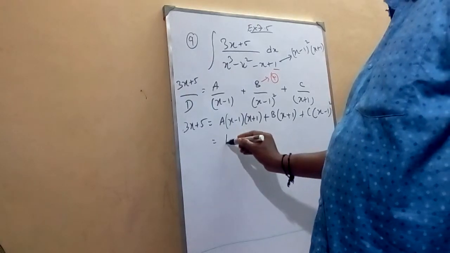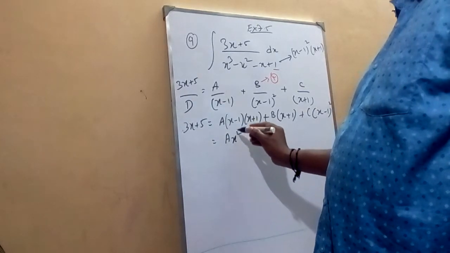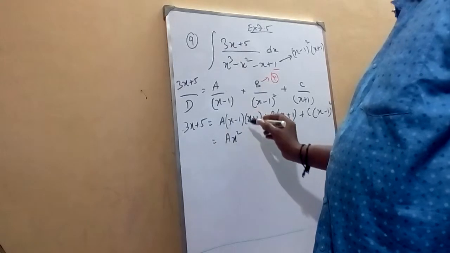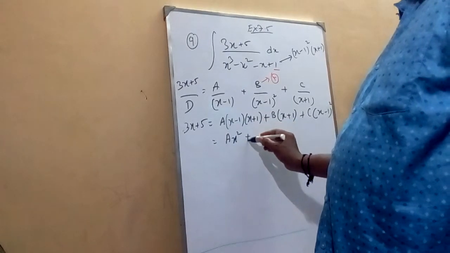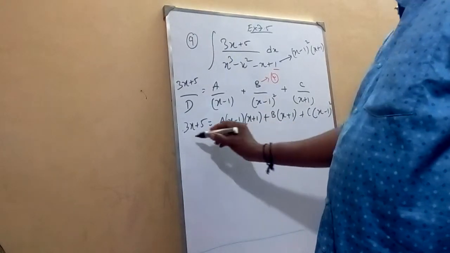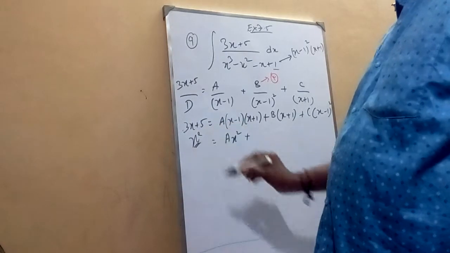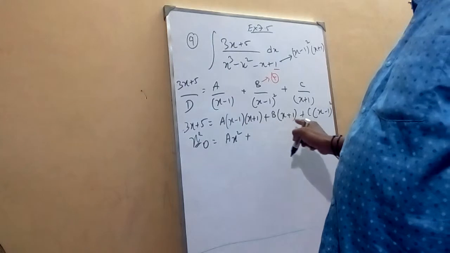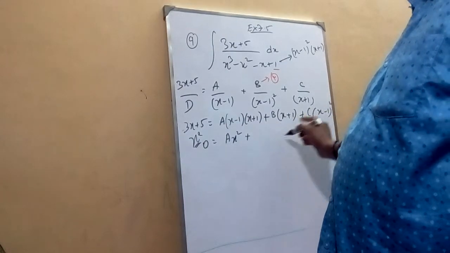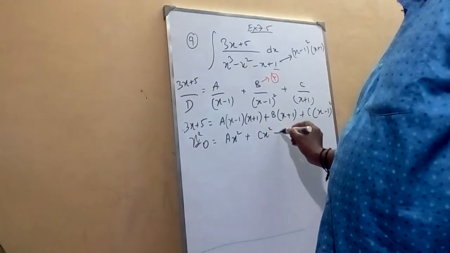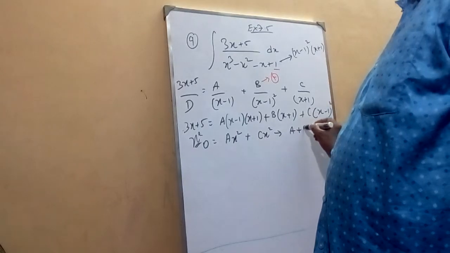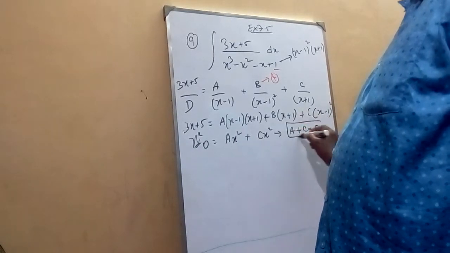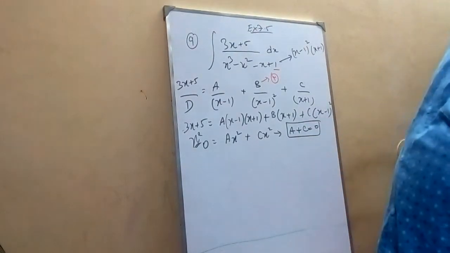I'll calculate like ax square first, taking x square coefficient. So here 0, here a into x square plus bx plus cx square. So this shows a plus c is equal to 0.